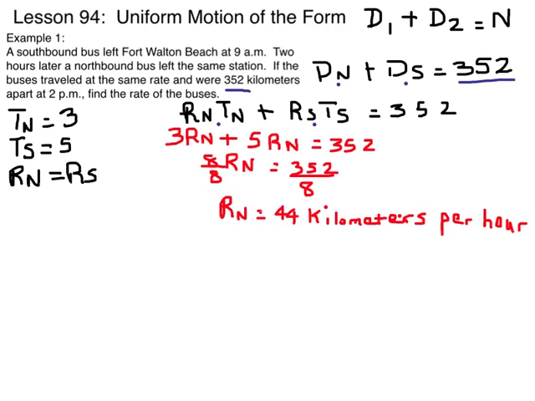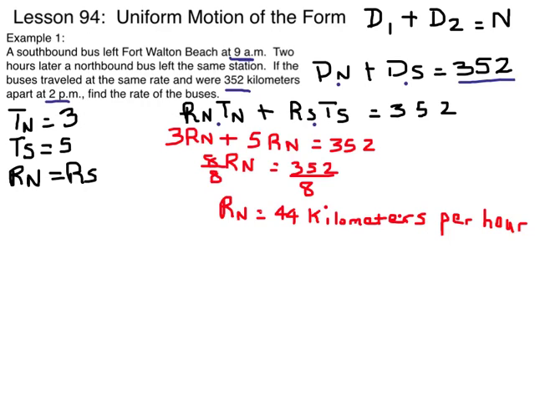Now, what are the independents that we can pull out? We know the time of the northbound, we have to kind of figure that out. The southbound left at 9 a.m., and from 9 a.m. to 2 p.m. is our time.